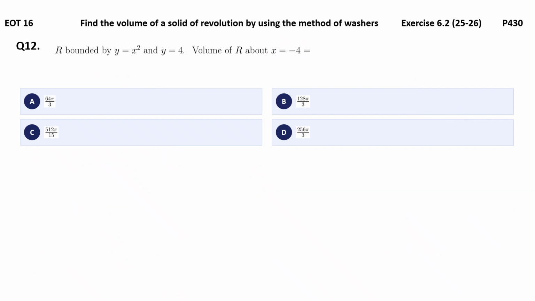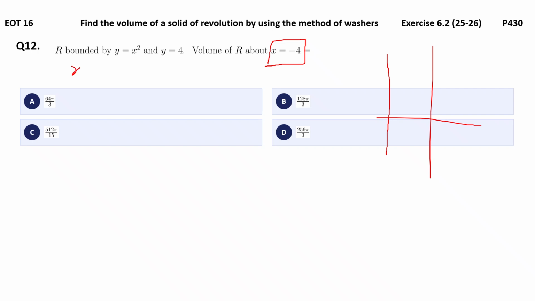Now let's continue with question number 12. Here it is x equal to negative 4. When you analyze x equal to negative 4, it is on the left side of your y function, which is parallel to the y-axis.